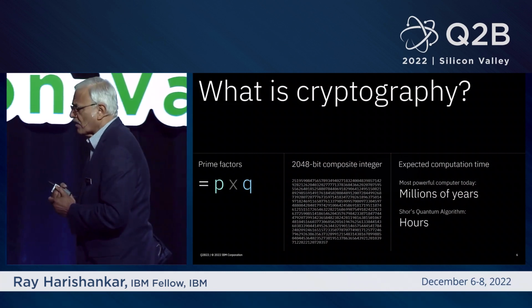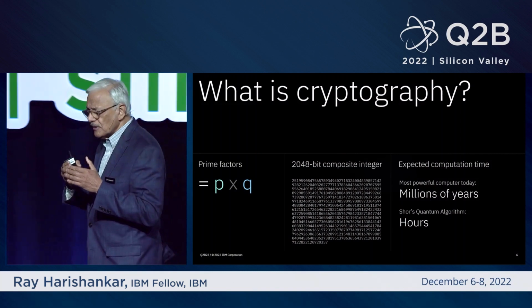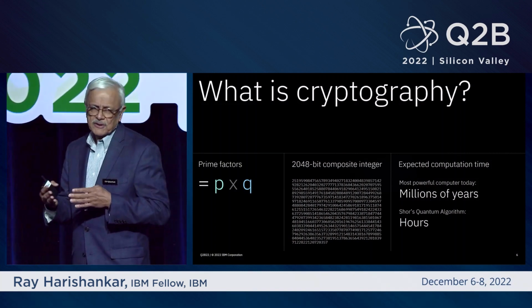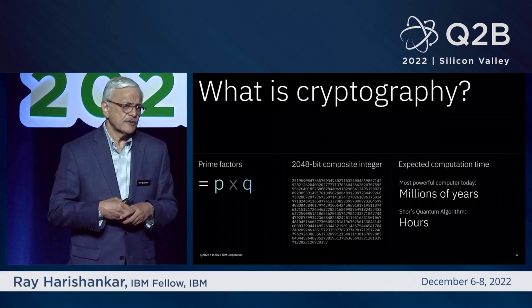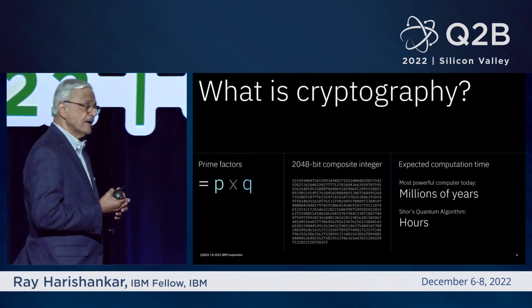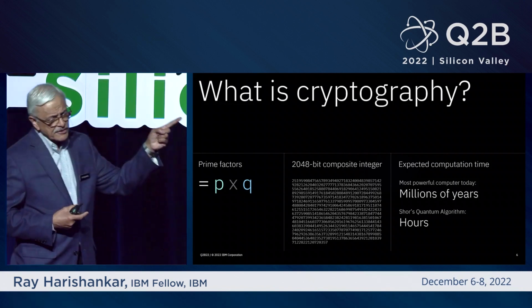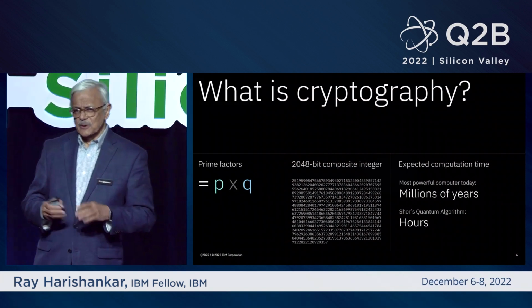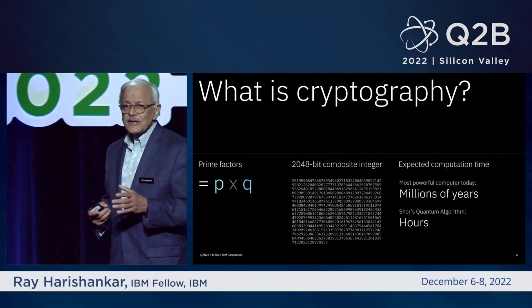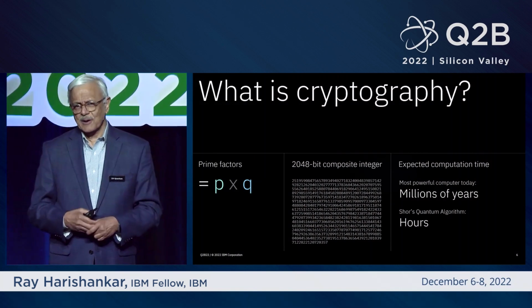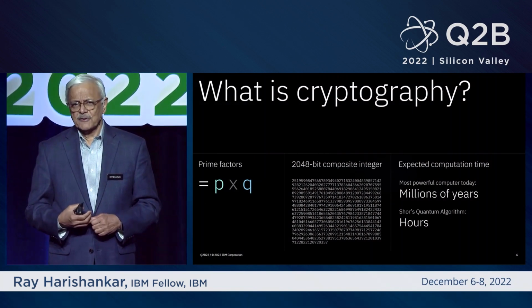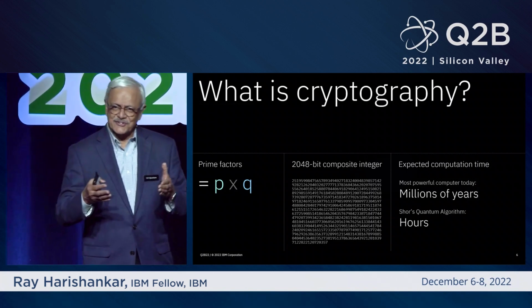And RSA 2048, one of the key protocols that is used in public key encryption, is based on a 2048-bit composite number. In case you're wondering how many digits there are in that number that you see there, there are about 616 digits. So if I told you 65 and asked you to find factors for that, you'd immediately come up and say 13 and 5. But try doing that for a 616-digit number.